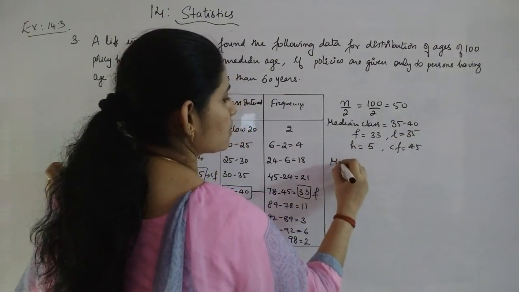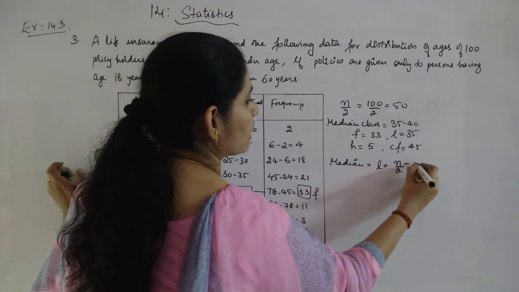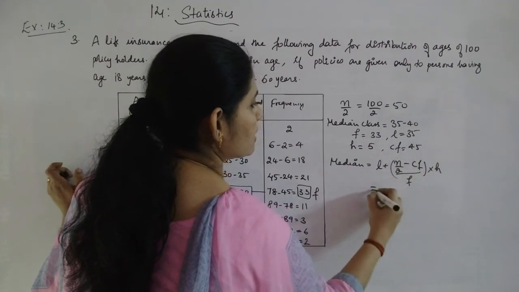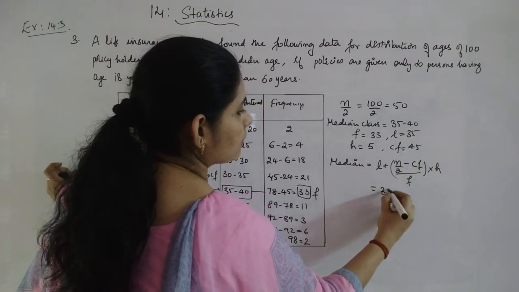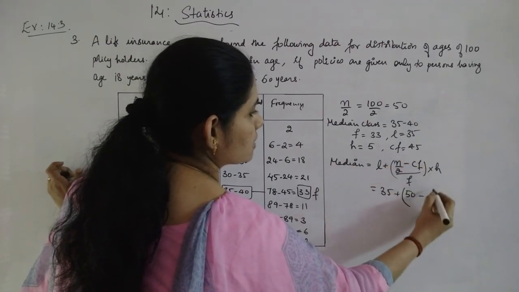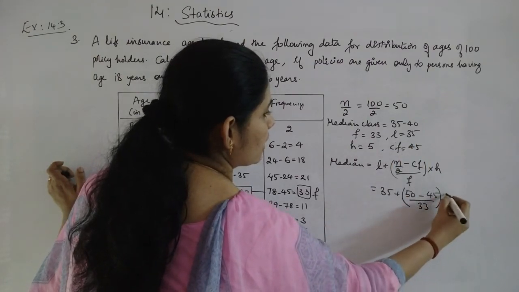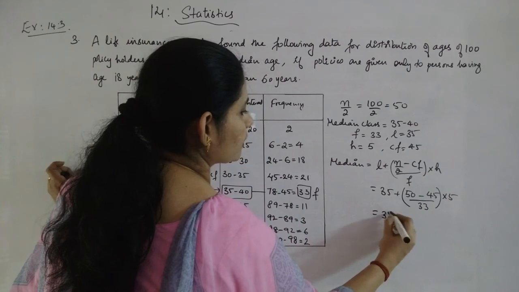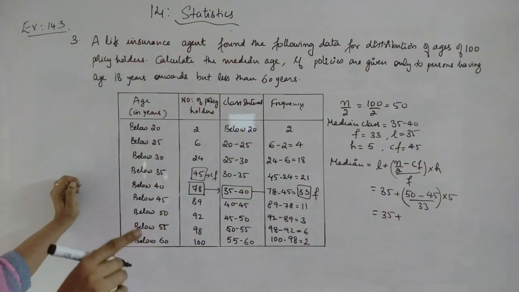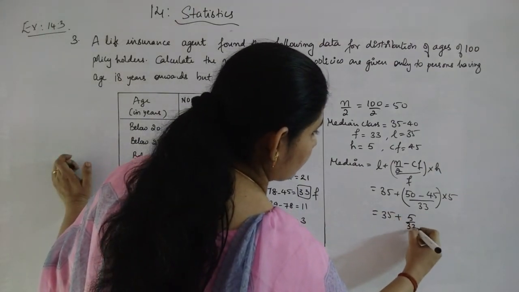Now you will use the formula for median. Median is l plus (n by 2 minus cf) divided by f, into h. Replacing the values, l is 35 plus n by 2 is 50 minus cf is 45, divided by f 33, into h is 5. Now calculating 50 minus 45 will give you 5 by 33 into 5.